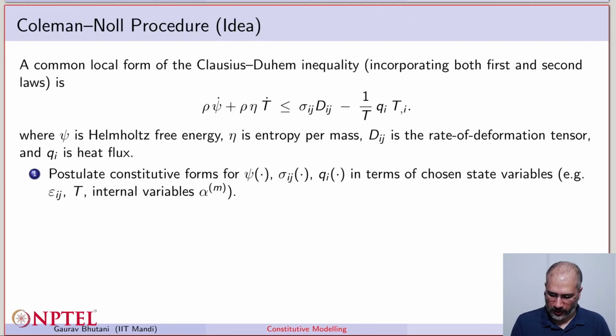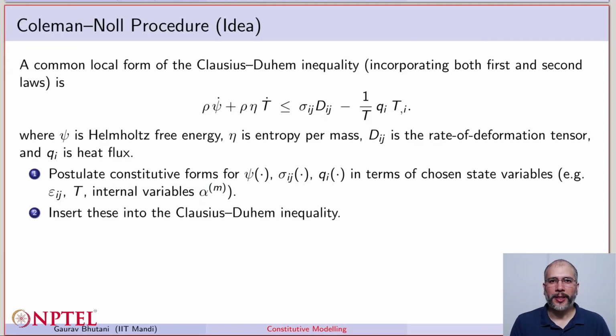What we do in this case is that we postulate constitutive forms for the functions Helmholtz free energy, the stress tensor sigma_ij, and the heat flux vector q_i in terms of chosen state variables, which could be epsilon, temperature, internal variables alpha_m. Then we insert the choice of these constitutive models into the Clausius-Duhem inequality.